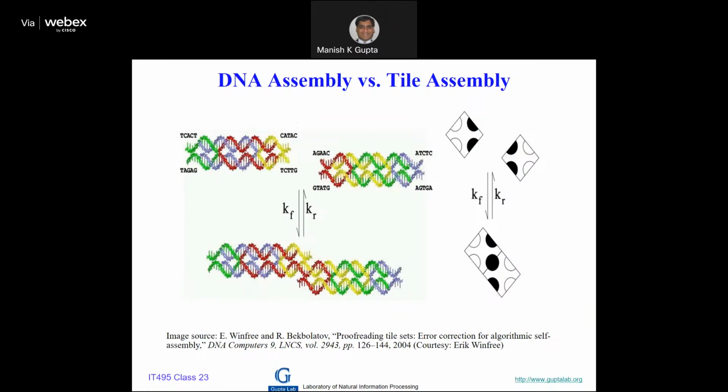Yeah, so this lower end and that upper end are complementary, right? So they will combine. Like that, these double crossover molecules, which have sticky ends, will combine.